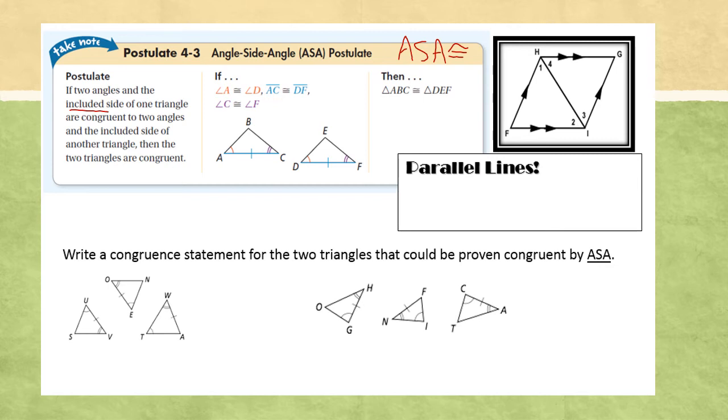All right. Now again, noticing how it starts, the end has to match it. So the example we have here is we can use parallel lines and the reflexive property on this example on the right. So they share that side there. Now again, if HF right here is parallel to GI, then that tells me that alternate interior angles are congruent.